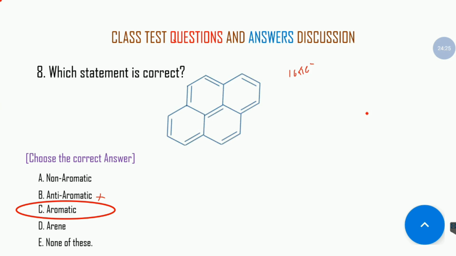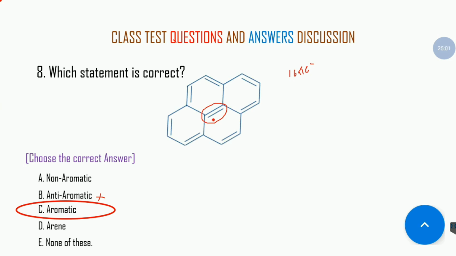Understood? This compound has different delocalized pi electrons, those pi bonds present in the middle. It can delocalize all its pi bonds, so in one situation one of its pi bonds present in the middle of the structure is not participating in the resonance.